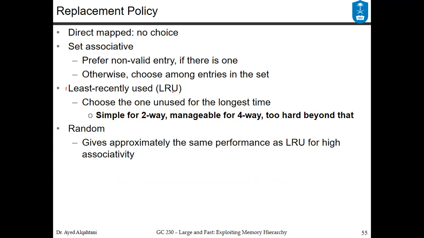You take it out and you replace it by the new one. So you choose the one unused for the longest time. This is simple for 2-way, manageable for 4-way. It's a little bit too hard beyond that, because you need to have a certain way to know which one is recently used and which one is the least recently used.